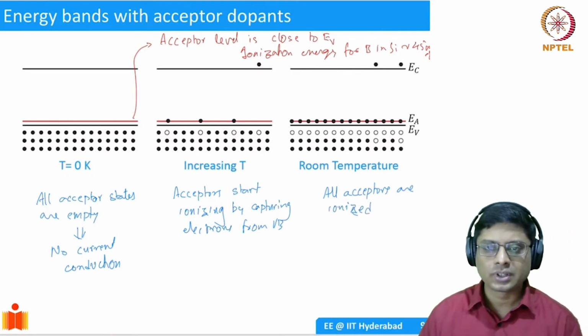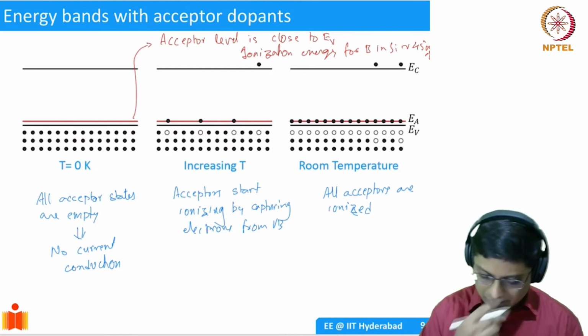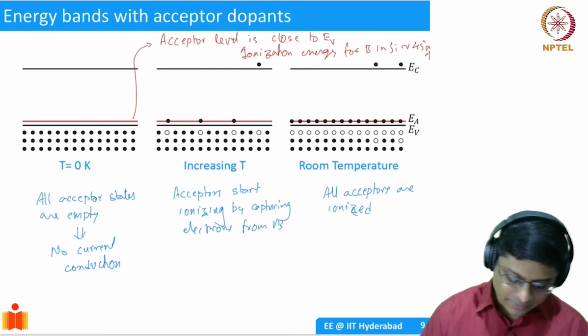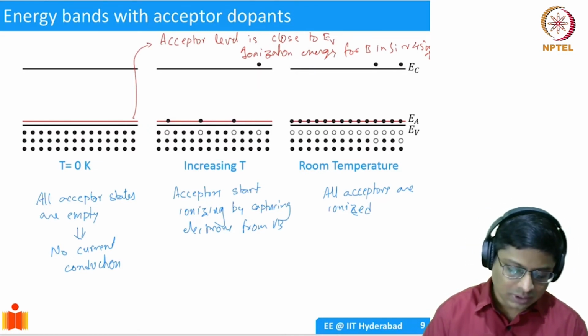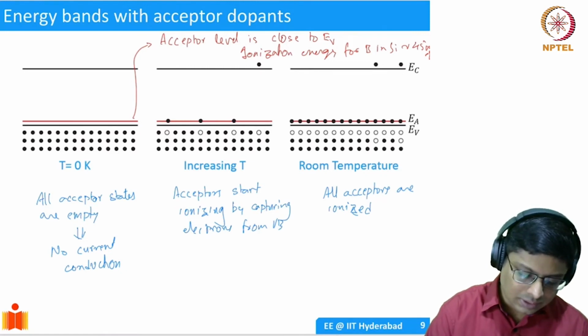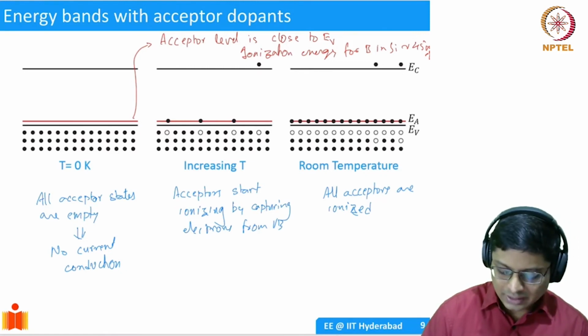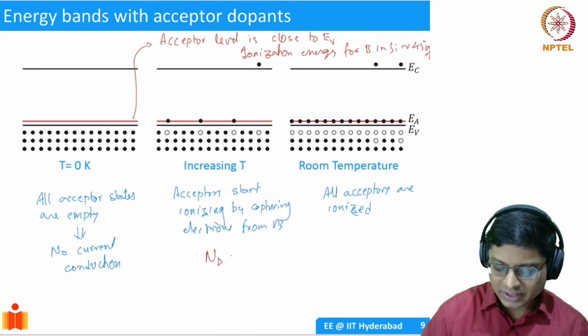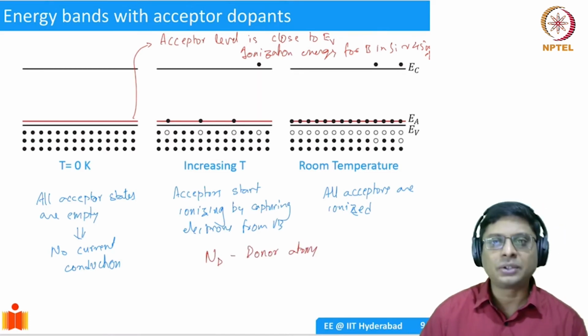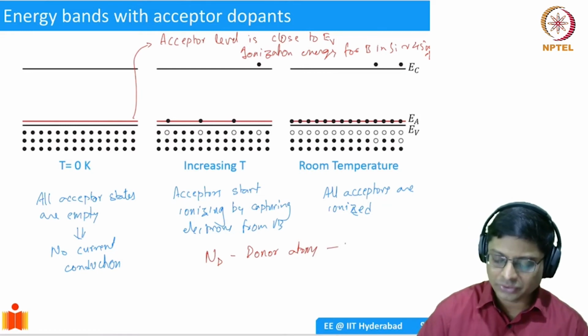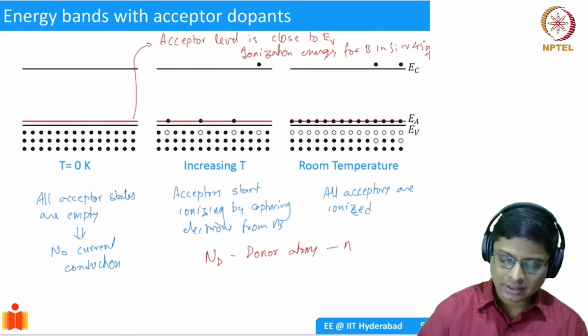Okay, so let me do one thing. Let me say ND, basically donor atoms. When you add donor atoms, you create electrons.